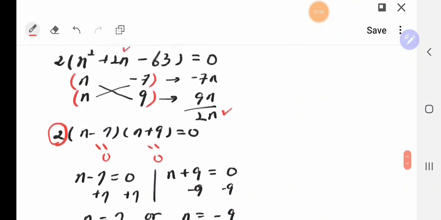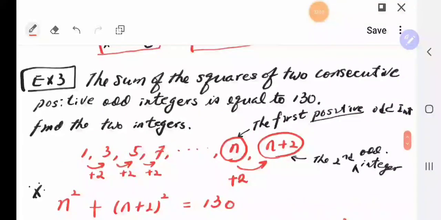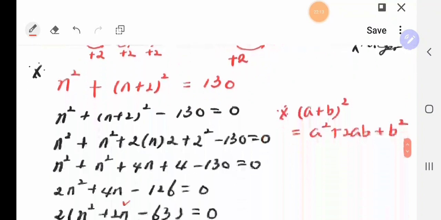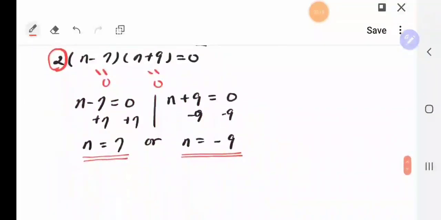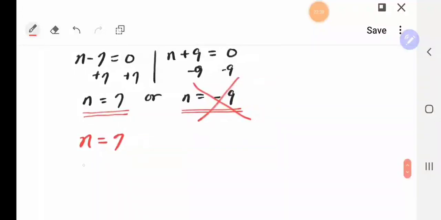If you see the question, we are looking for positive odd integers. So we don't want a negative number, so eliminate negative 9 from the solution. So the solution is n equals 7. That means the first integer is what? First integer is 7. Then what's the next consecutive integer?